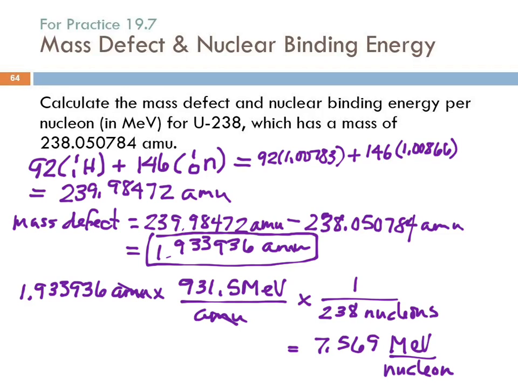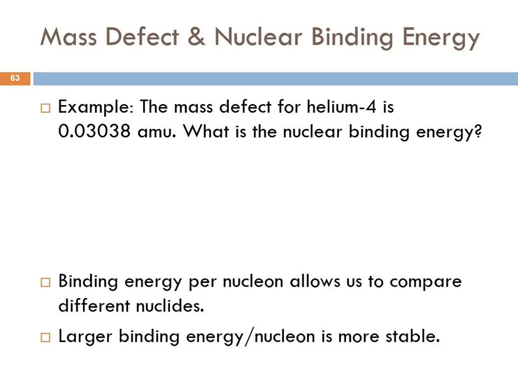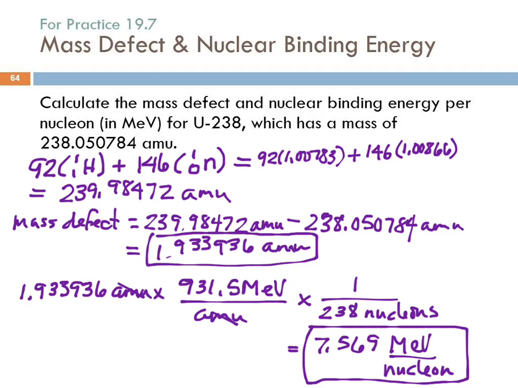Now that's in the same ballpark as for helium, isn't it? Helium was 7 something. So let's go back and look at that. Oh, you know what? I don't think I can. Never mind. Because I wrote that on there and it has kind of disappeared.